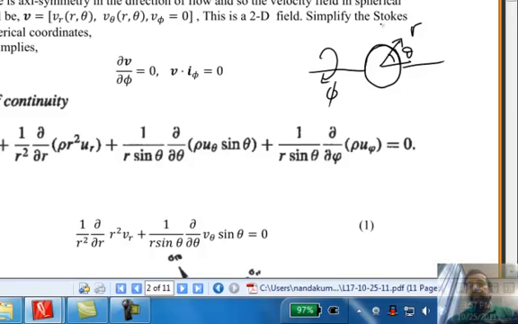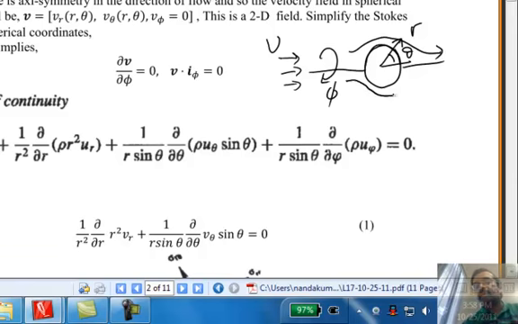So the flow is approaching this with a uniform velocity u, and our goal is to get the velocity profile near, that is, get the streamlines near the sphere, and then get the drag force that is exerted by the fluid on the particle. So the particle is fixed. We are applying a certain force on the particle to fix it.